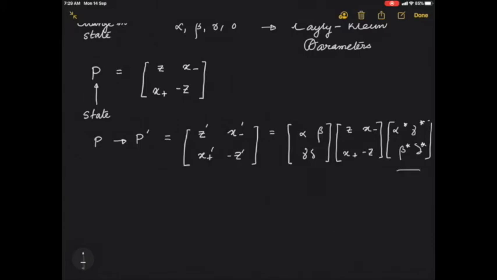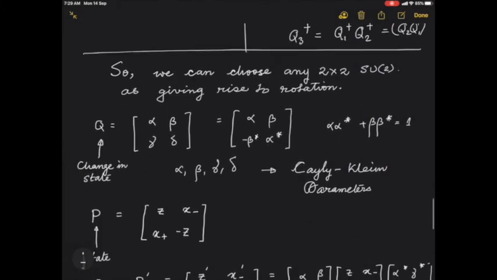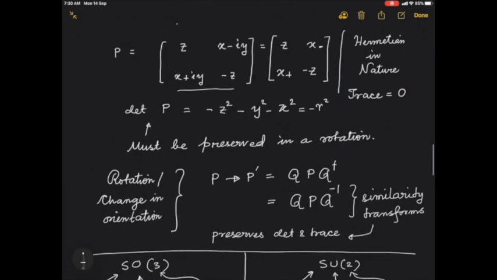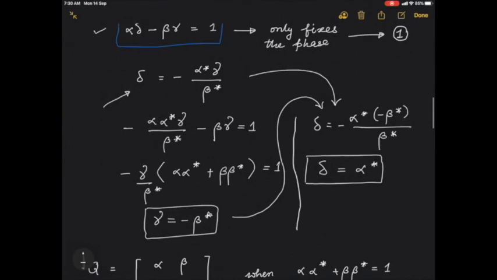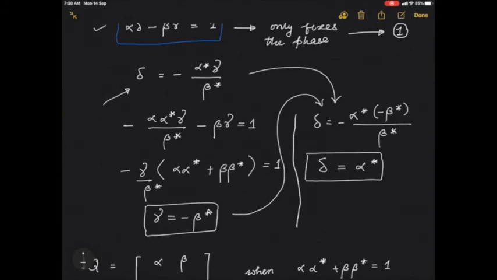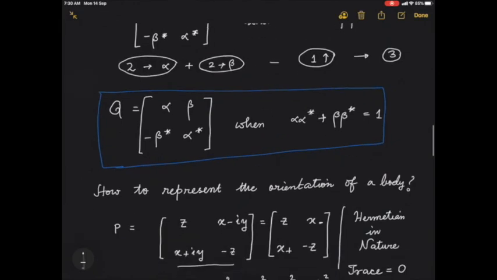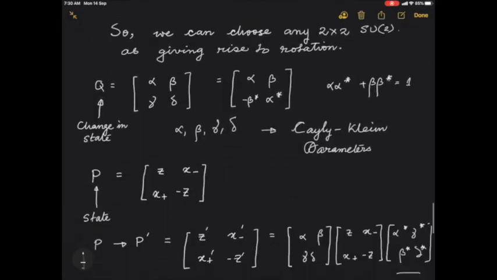Now you can write some of these in terms of alpha. So I can change all the stars in terms of the non-star values of alpha, beta, gamma, delta. I'm not doing the exercise, I will just point you to what I can use to do that. I can use these two essentially. Whenever I see a star, I will replace it, so if I see beta star, I will replace that with minus gamma, etc. If I have delta star, I will replace that with alpha.